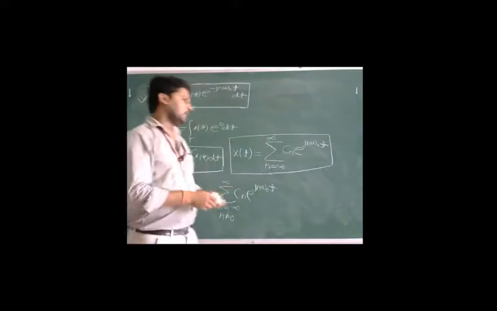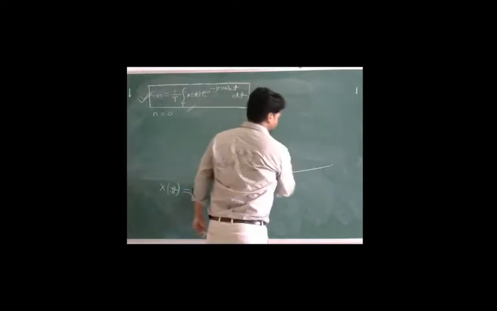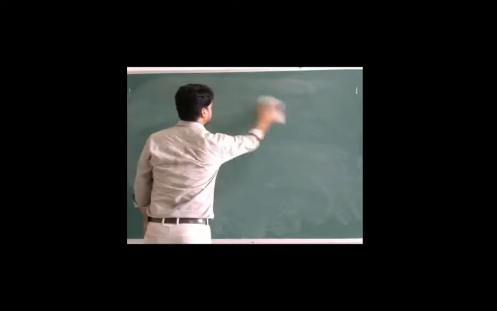Suppose a signal x(t) is expressed in the form of a complex exponential series as x(t) is equal to the summation, n from minus infinity to plus infinity, of Cn e to the power j n omega naught t.